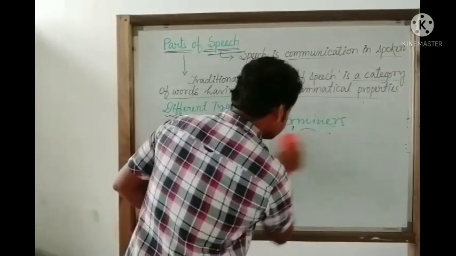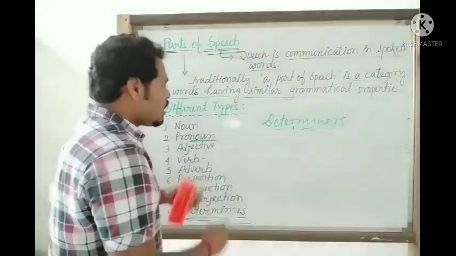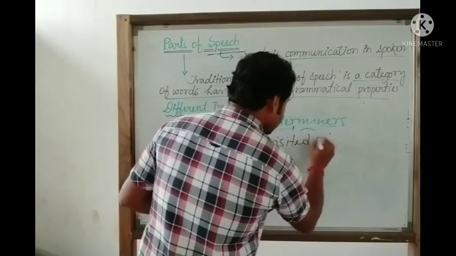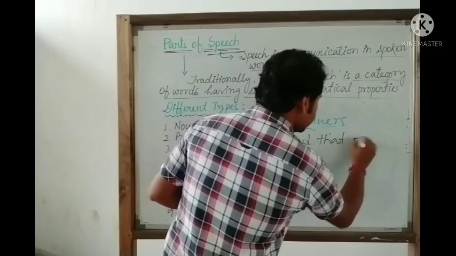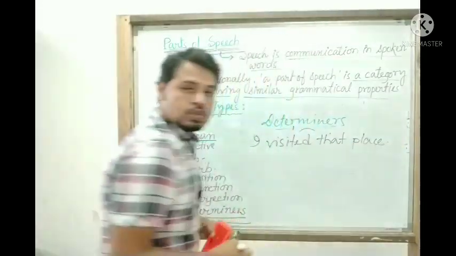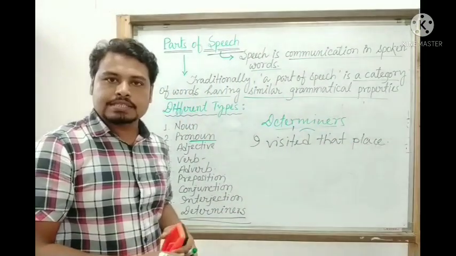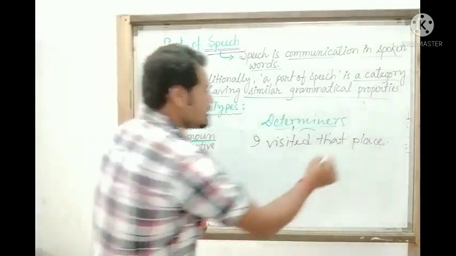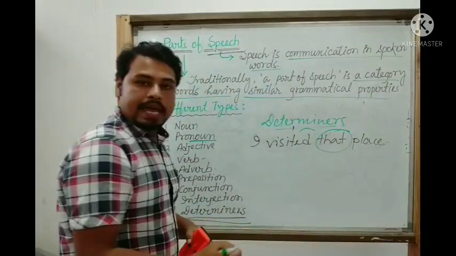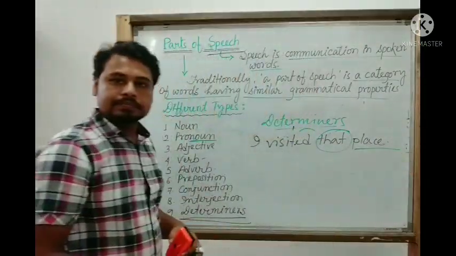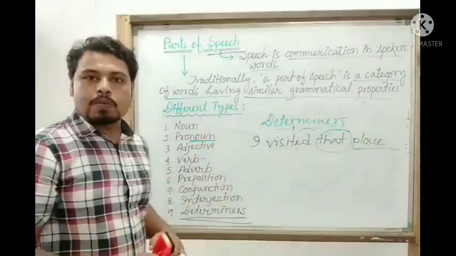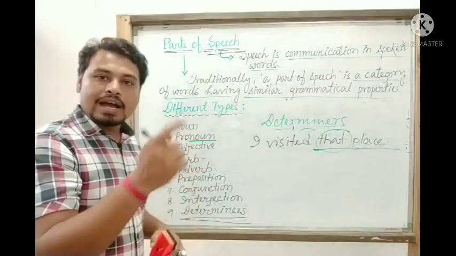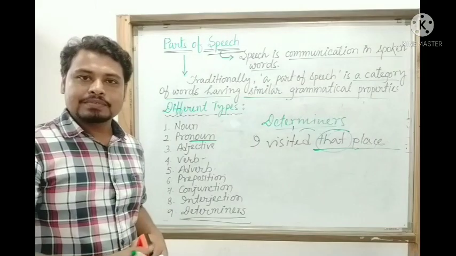Again, if I write, I visited that place. This particular word, that, is placed before the noun, and it is a determiner, and that is also a kind of part of speech.